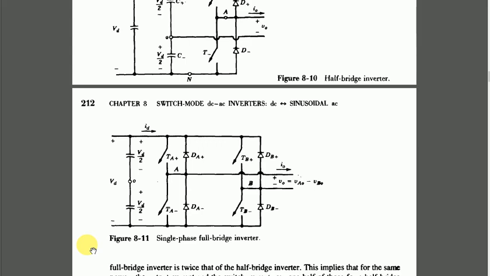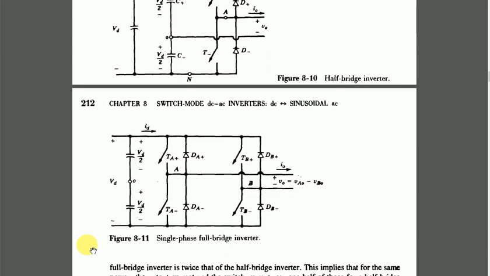So what does this mean? This means that for the same amount of power the output current will be one half of that of the half bridge inverter circuit. So for high power inverter circuits this is a clear advantage: for the same amount of power transfer the value of output current will be one half of that of the half bridge inverter circuit.